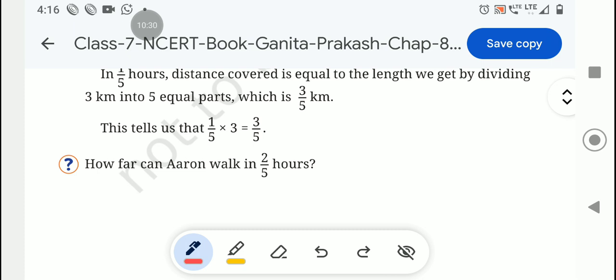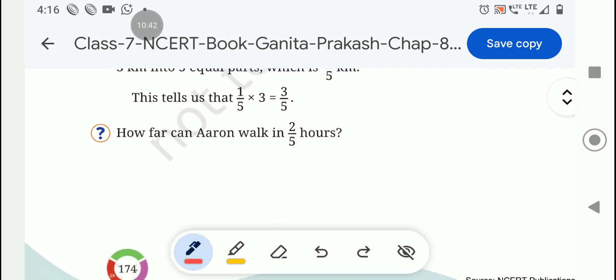Next, one more question they have given: how far can Aaron walk in 2/5 hours? Here we have 3/5. Now 2/5 means we have to do 2/5 into 3. So 2 3s are 6/5. The answer is 6/5.